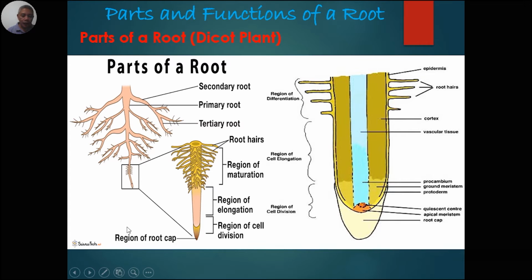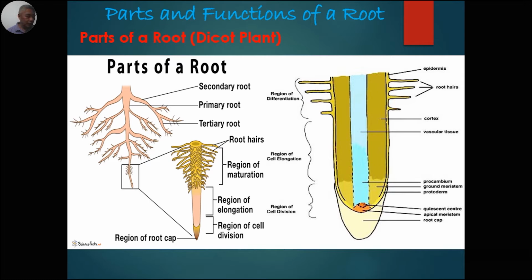The root cap secretes mucilage, which acts as a lubricant for the root to make its way through the soil. And mucilage also helps uptake water and nutrients from the soil. As the root extends through the soil, the root cap degrades and renews constantly.